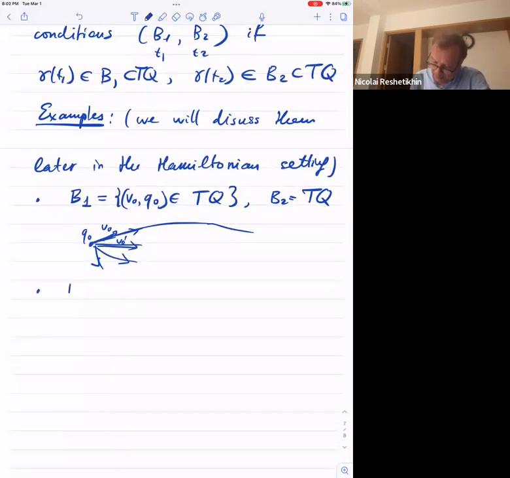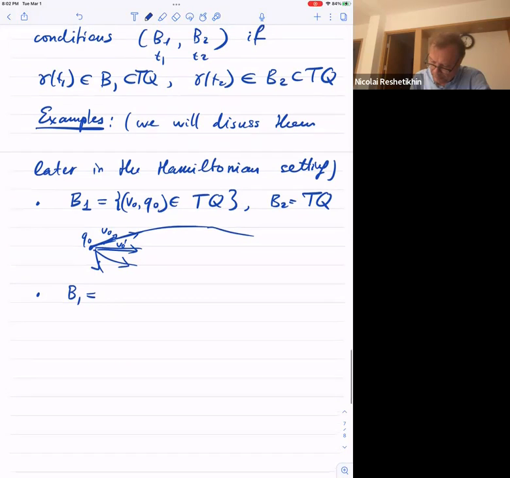Second, kind of a ballistic problem. So we fix B1 as TQ1, and B2 is TQ2. So we didn't fix the velocity at the initial point, we didn't fix the velocity at the target point.